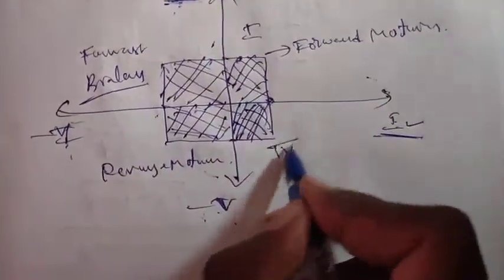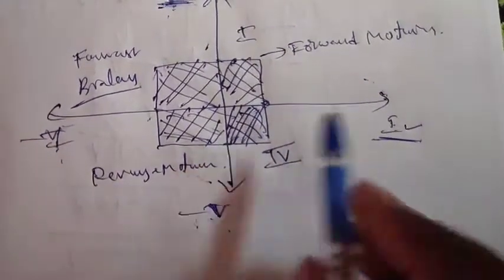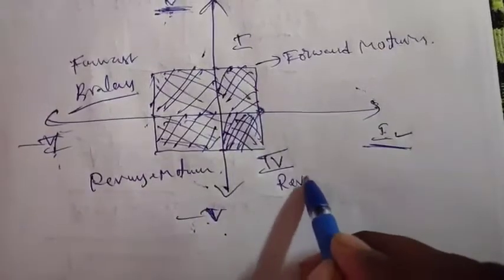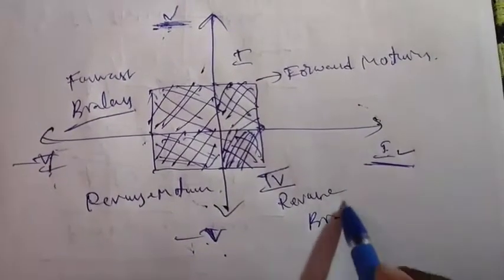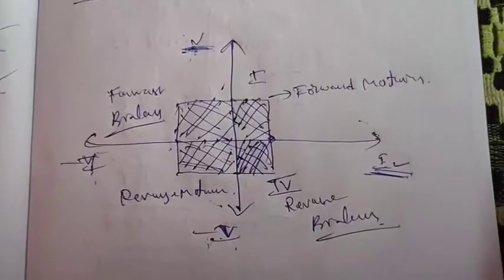This one is the fourth quadrant. In this fourth quadrant we have reverse braking, where the voltage value is negative and the current value is positive, the reverse of forward. That's why we call it reverse braking.